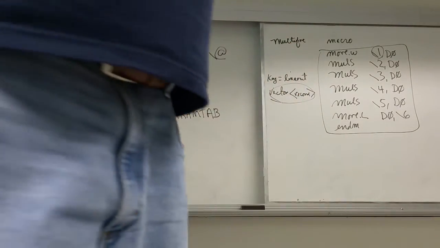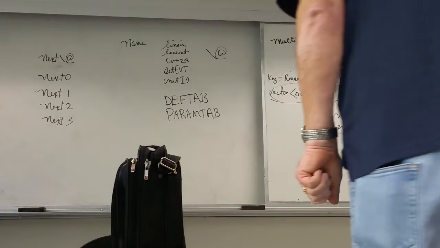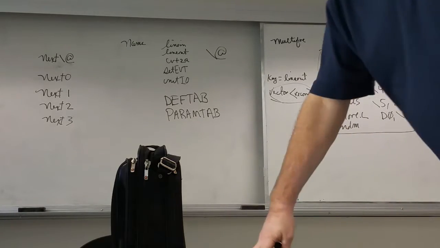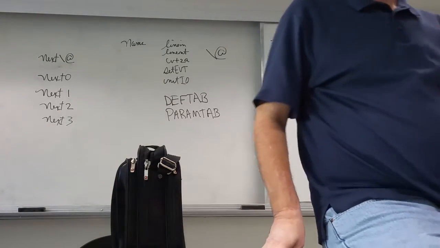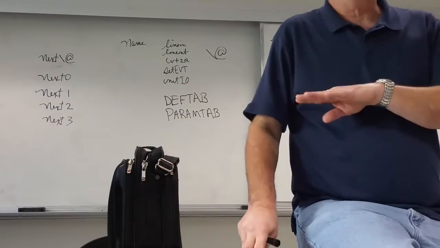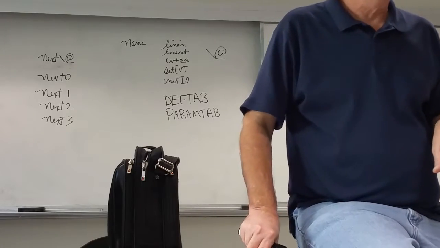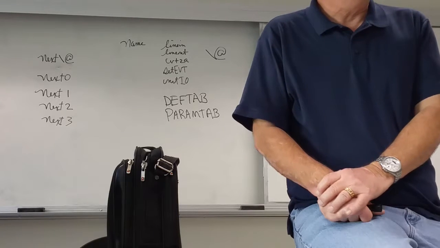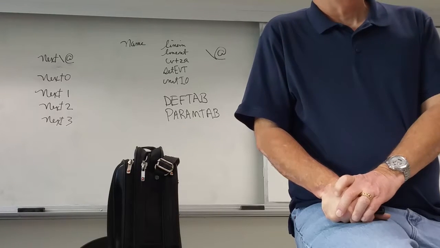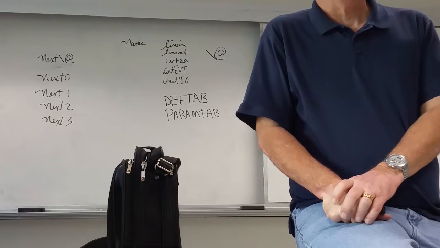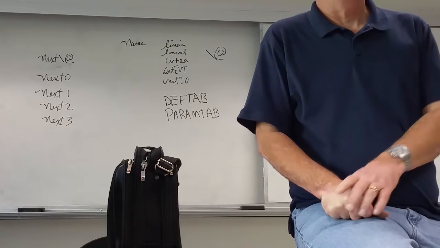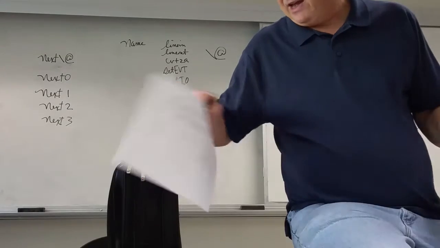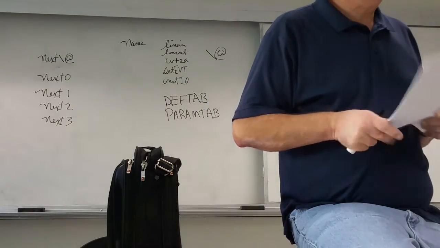Okay. So how do we handle that situation where we have duplicate labels? We do that by appending the number to it. Next 0, next 1, next 2, and so on. So how do you do that? How can we manage that situation?